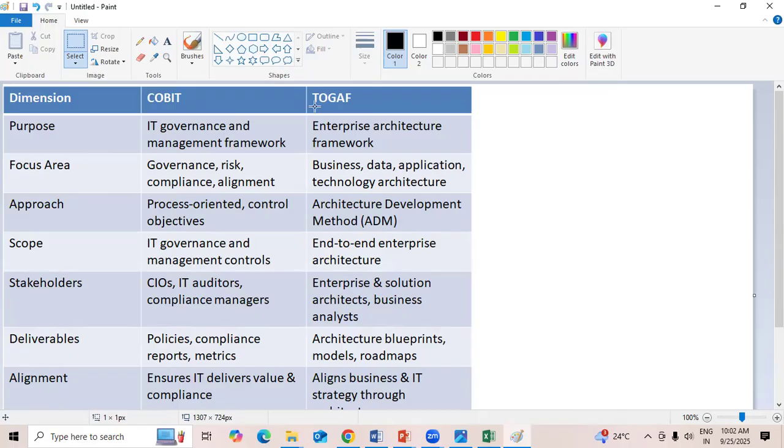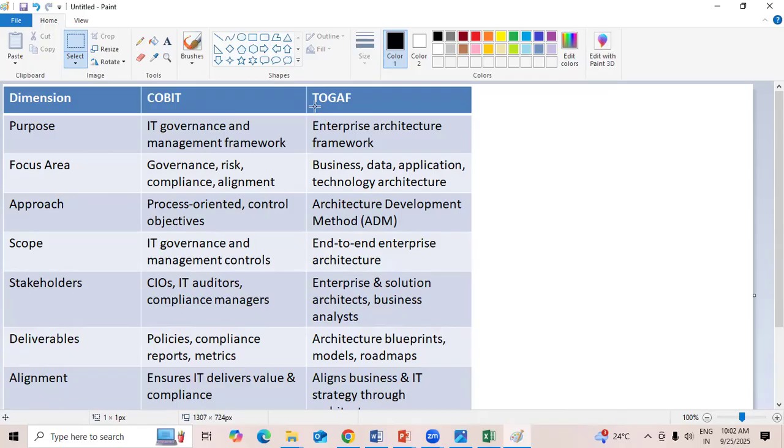So what products, services, competitor analysis, everything will be part of business architecture. That is the area in TOGAF. Next, data flow, processes, and applications, how those are interrelated and integrated, and technology architecture. These are the focus areas.